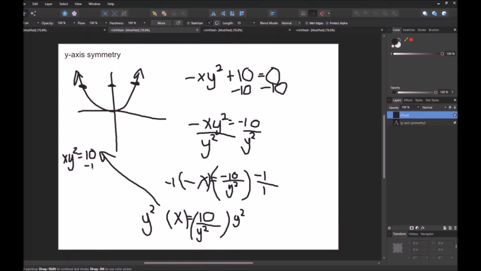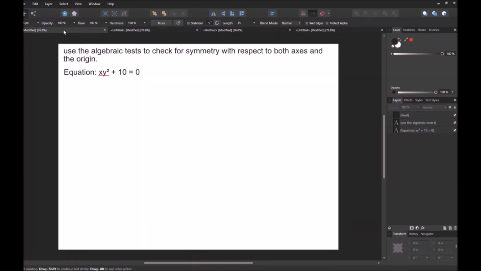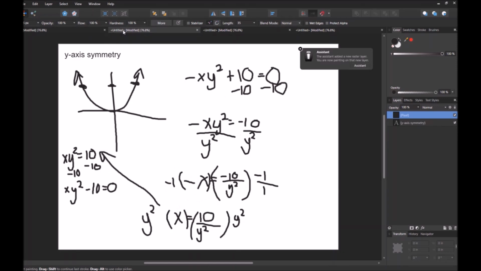And so now we're going to subtract 10 on both sides. And we are going to be left with our answer of x times y squared minus 10 equals 0. And if we look at our original equation, it's very close. It's just that in the original one we have plus 10, and in this one we have minus 10. So this equation does not have y-axis symmetry. The graph of this equation does not have y-axis symmetry.